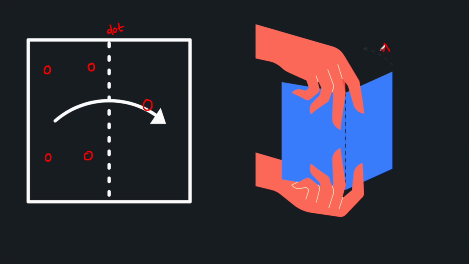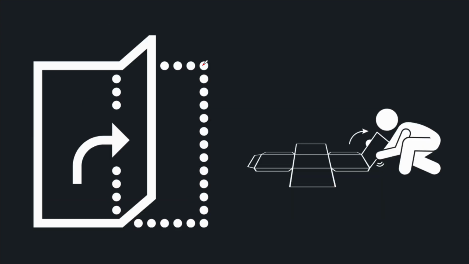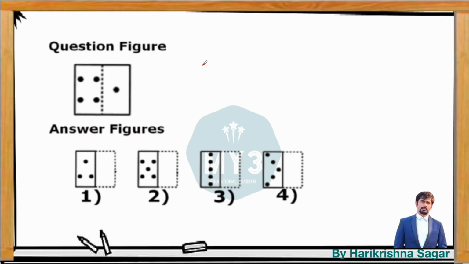There is no change in the actual or original figure. Some additional figure will come because of this folding. Because you are folding this on top of it, the 4 circles which are available here will come and fall here. The answer will look like this. So this is one simple example just to understand. This is the thing which you need to do: after folding, how is it going to look?